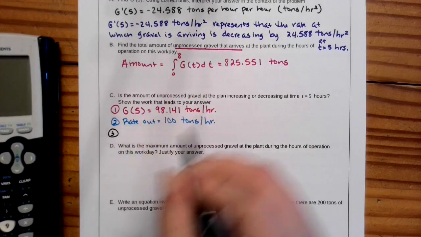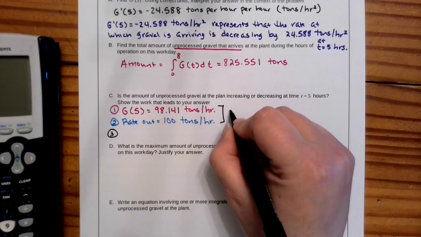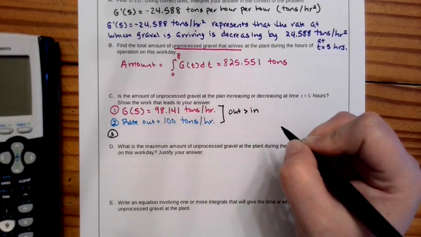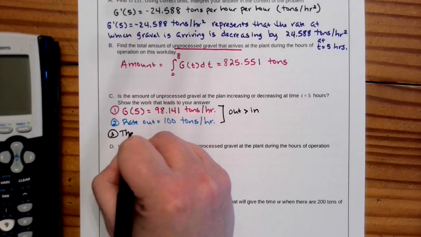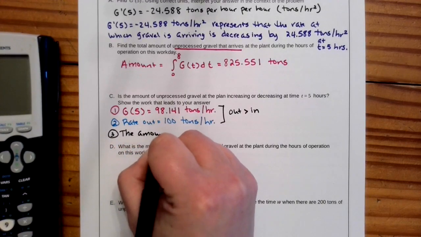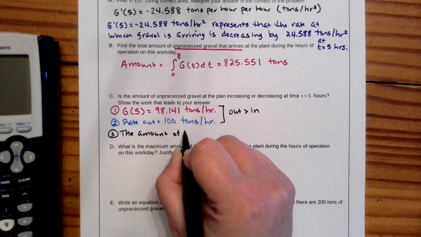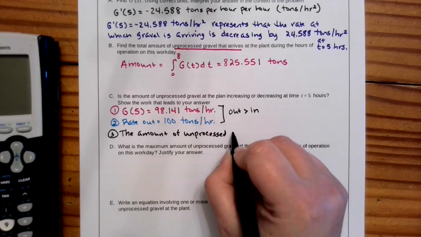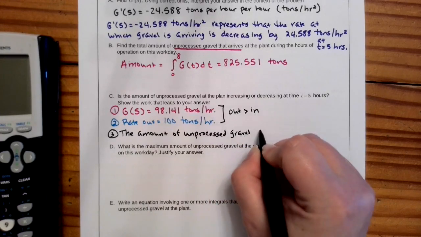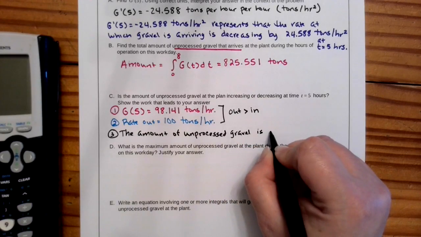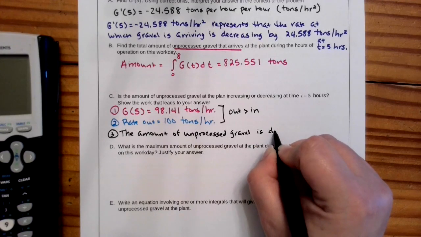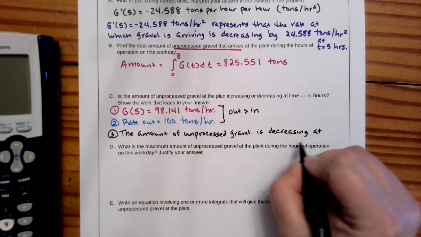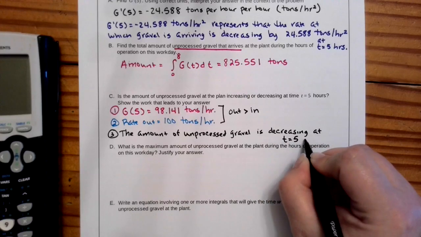So if we look at these two things, we can see that the rate that it's going out is greater than the rate that it's coming in, which means the amount of unprocessed gravel is decreasing at time t equals 5 hours.